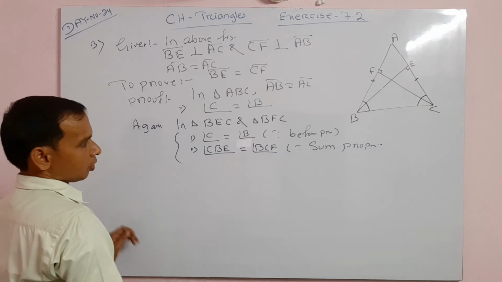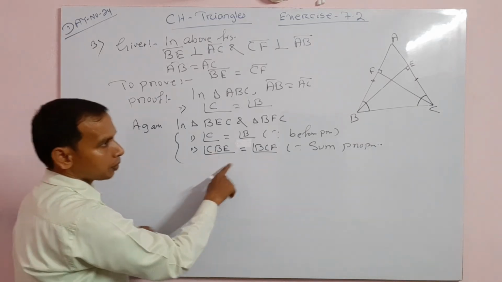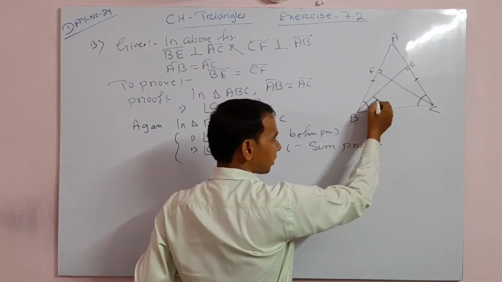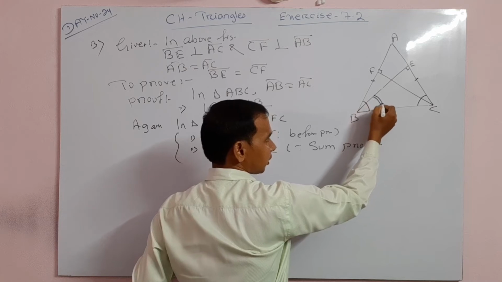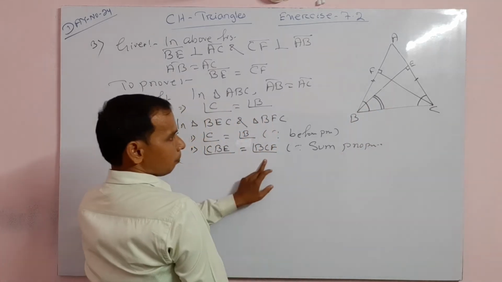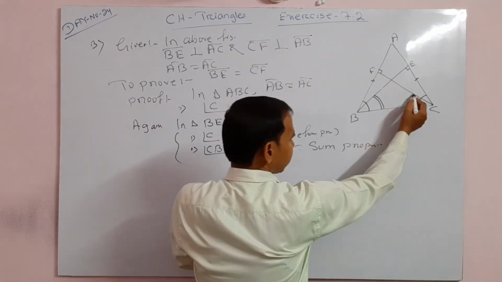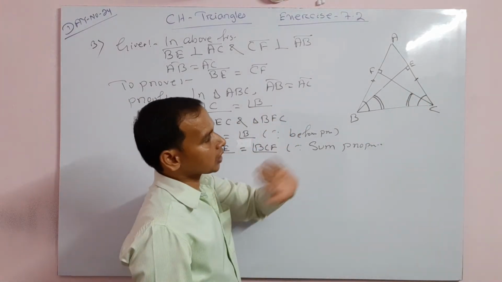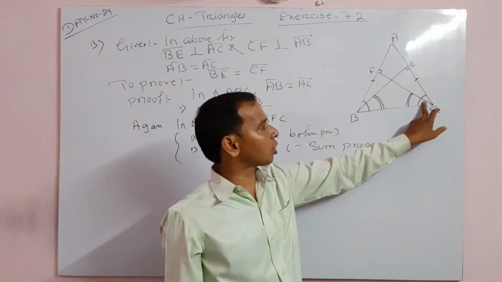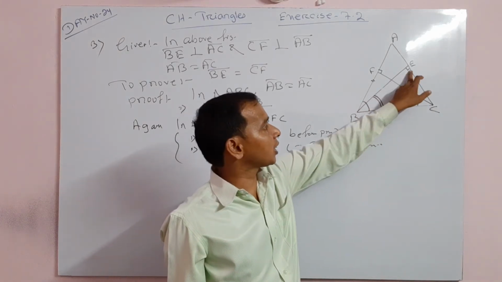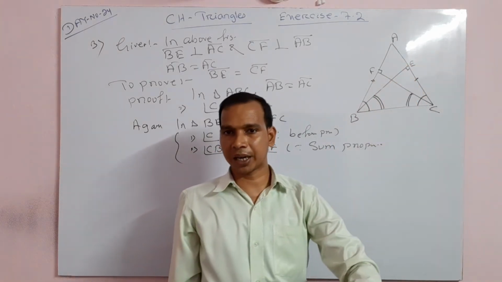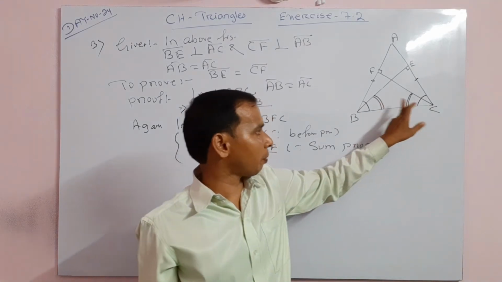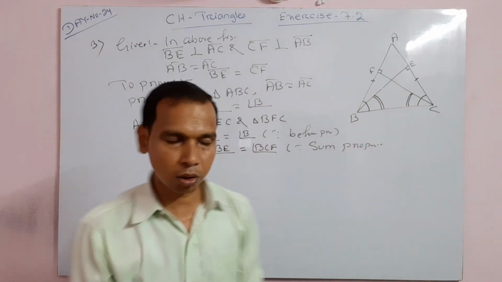CBE angle means this angle is equal with BCF this angle because of angle sum property. In these two triangles, this angle is already equal with this angle, and here this angle also this angle because of 90 degrees. So by angle sum property, these two angles are equal.